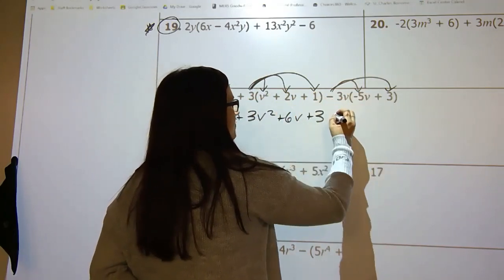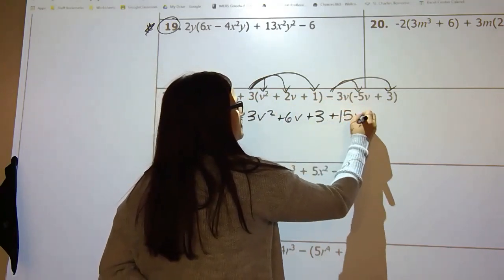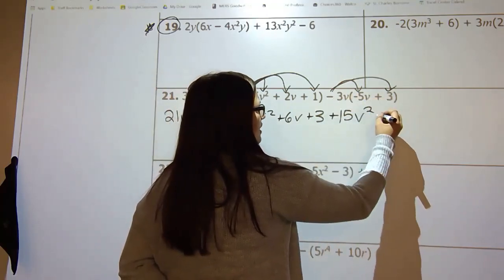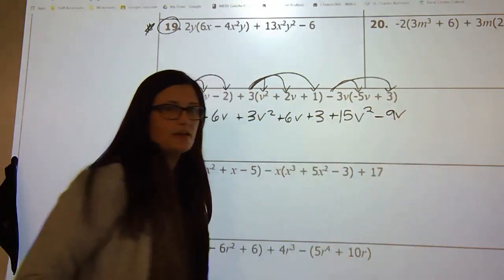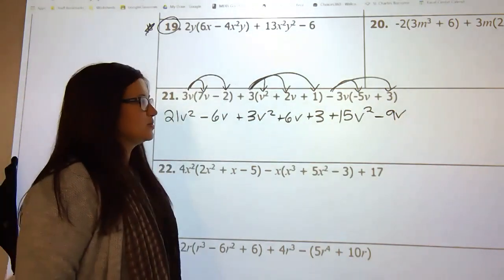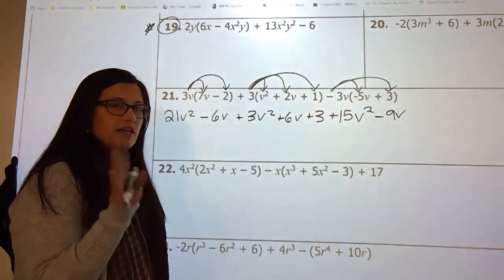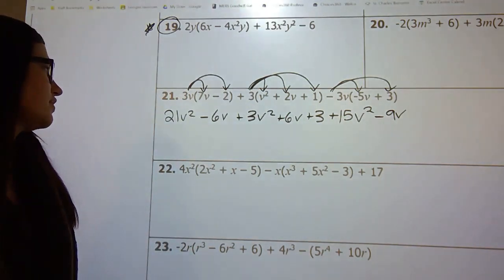Negative 3b times negative 5b is a positive 15b squared. Negative 3b times a positive 3 is a negative 9b. Whew, lots of multiplying there, okay? So just make sure that you're being very neat and organized about it so that you keep them all together.